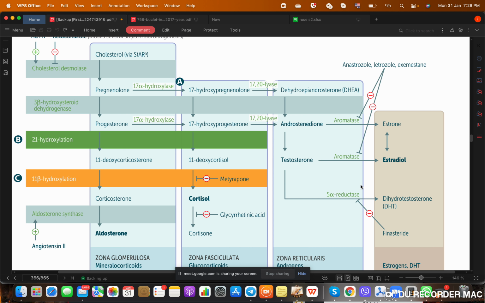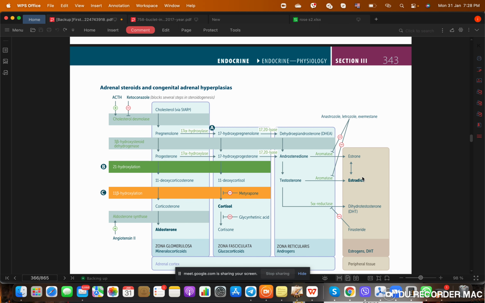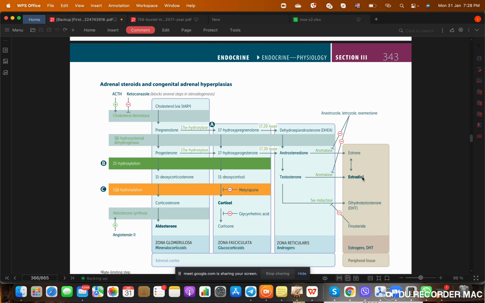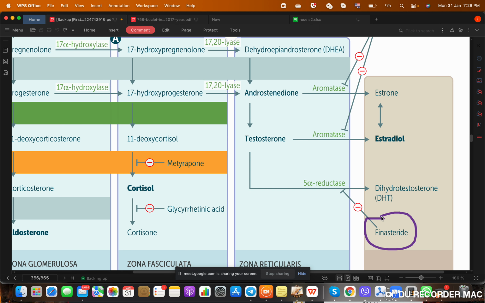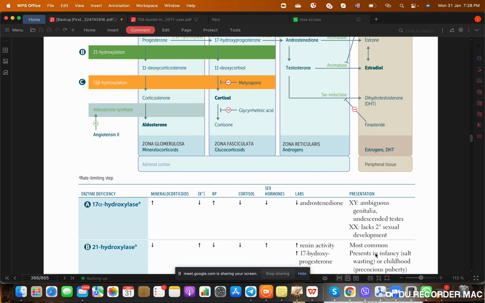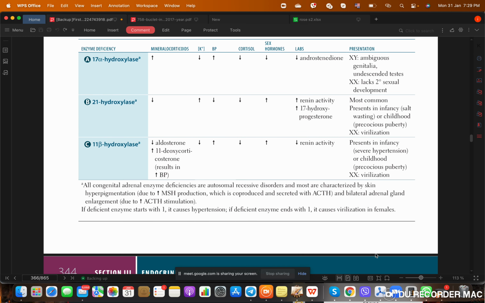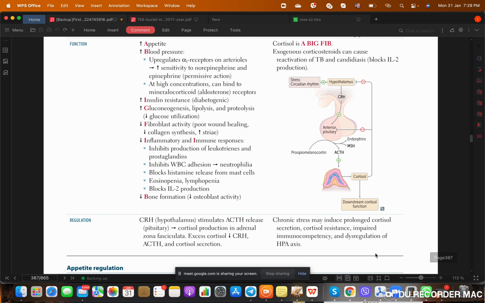It's going to inhibit the 5-alpha reductase. We are going to speak about the zoles, and they are going to inhibit the aromatase. So just wait for it. Finasteride can be used for BPH, benign prostatic hyperplasia, which is a topic we'll speak about later. Don't stress yourself too much about it.